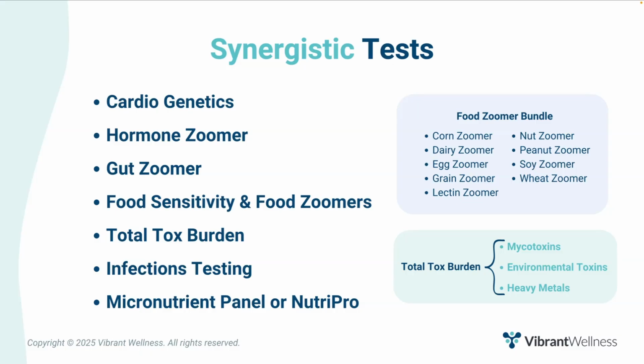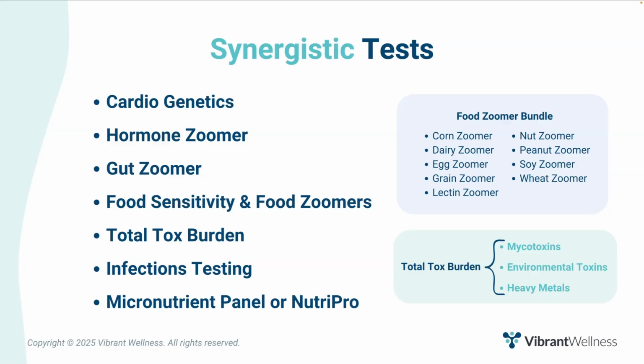When combined with the CardioZoomer, it offers a complete picture of how hormone dynamics can affect cardiovascular risk, blood pressure, and metabolic health. Also consider the gut zoomer to investigate microbiome-related drivers of inflammation like LPS, opportunistic bacteria, and intestinal hyperpermeability. Or the food sensitivity test or food zoomers to investigate food-related drivers of inflammation.